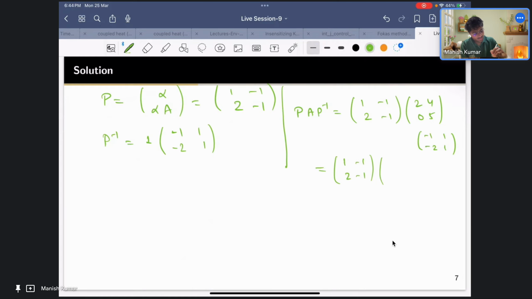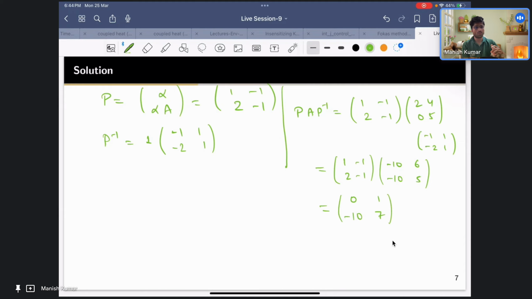From here you will get 2, 4, minus 10, correct, and then you will have 6, then you have minus 10, you have 5, and then from here you will get 1 minus 1. So this will be 0, this will be 1, this is minus 20, and then plus 10, so minus 10, then you will have 12, minus 5, 7.